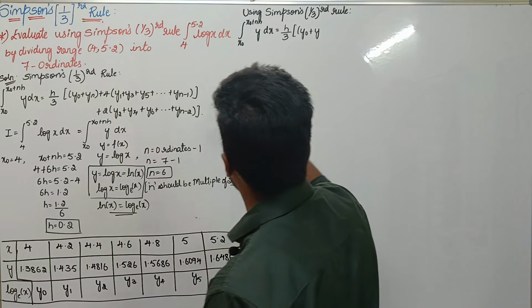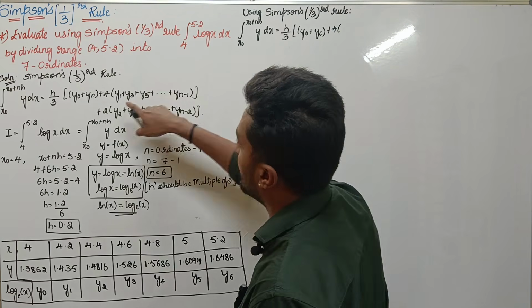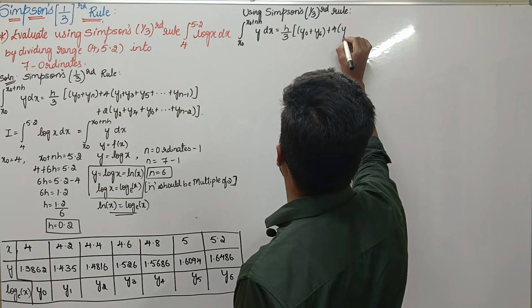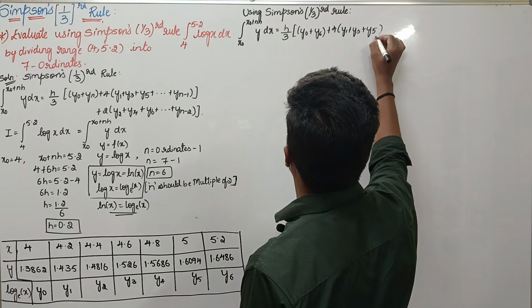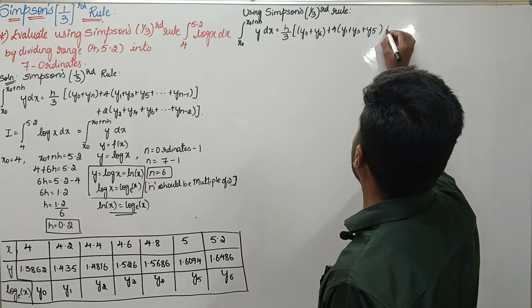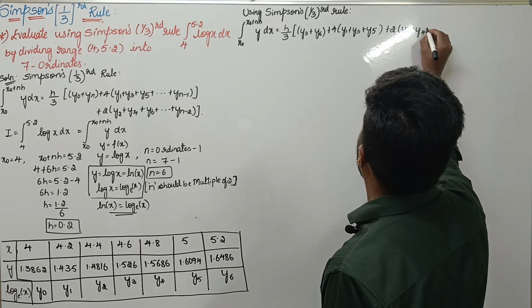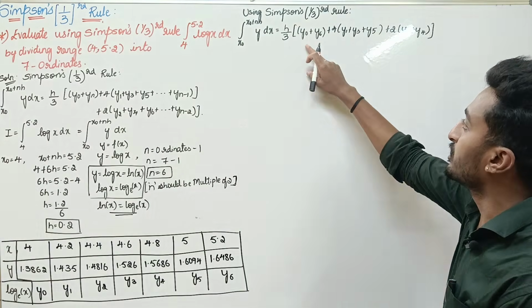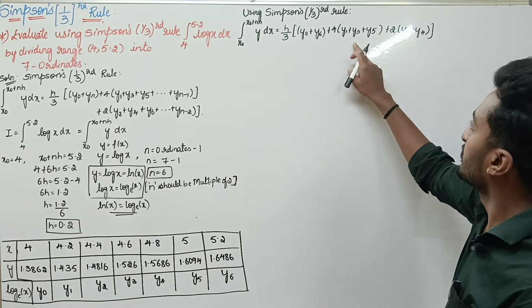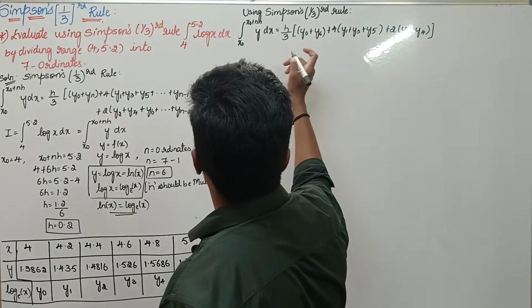What is n? I have 6, y6, plus 4 into the odd terms, that is y1 plus y3 plus y5. Next, plus 2 into the even terms, y2 plus y4. And y6 is not repeated since we have considered it in the first step. See, y0, y1, y2, y3, y4, y5, and y6, all the terms are considered.